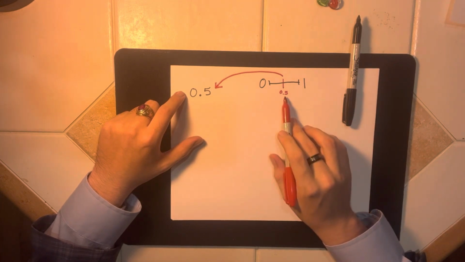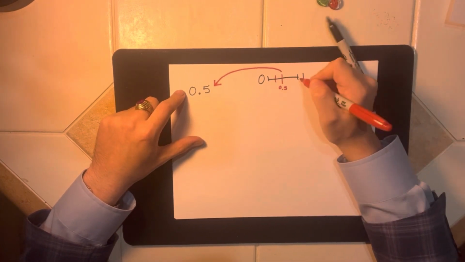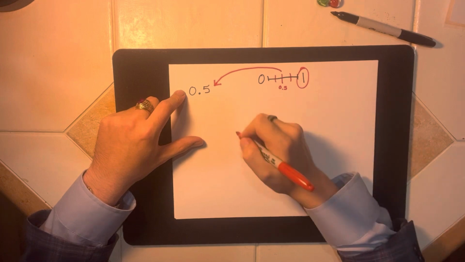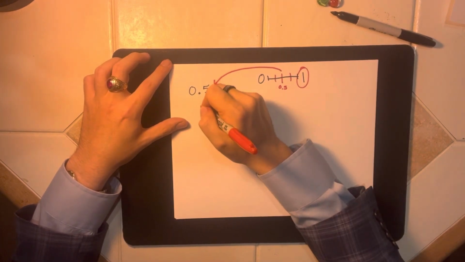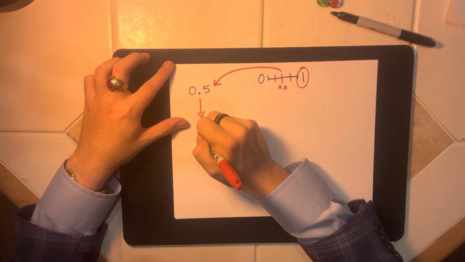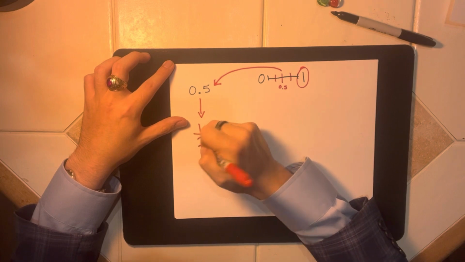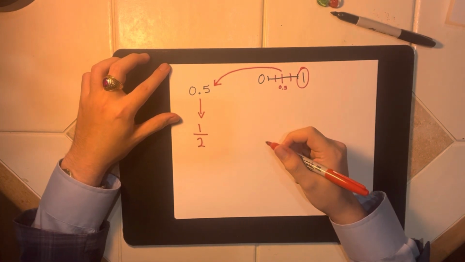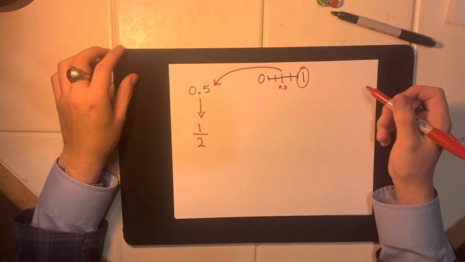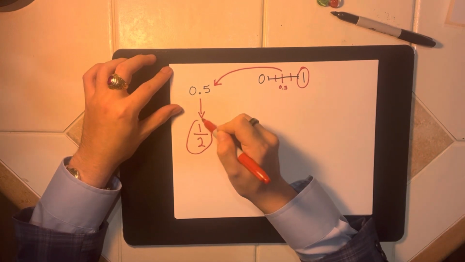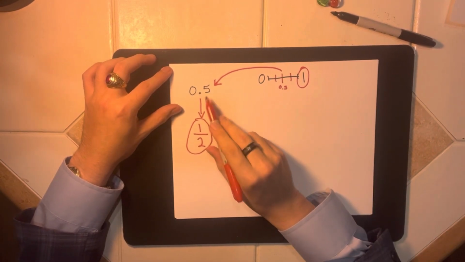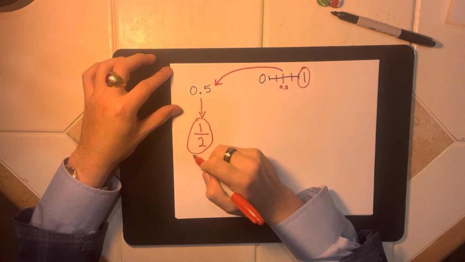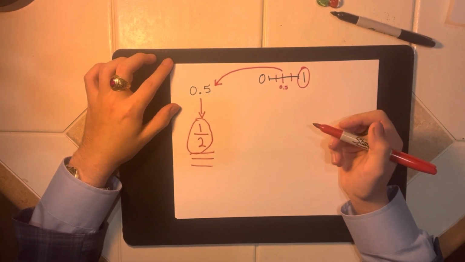Because it's the half, these two have to be equal to 1. So 0.5 is equal to 1/2, like that. And not all fractions are very simple like that, but we could take it just like that, and that's 0.5 is 1/2. You only have to focus on the fraction for now.